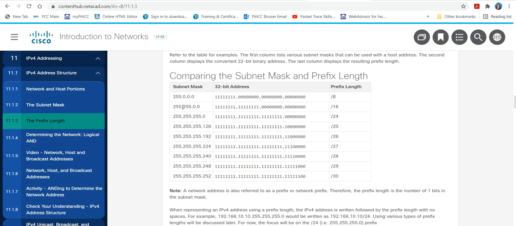Same thing with the next one, 255.255.0.0, typically used with a Class B network because the structure of a Class B network is network, network, host, host. That is also a /16 because that is 16 ones. Class C is usually indicated by network, network, network, host, and that is the 255.255.255.0 written into 24 ones, indicated with a /24.